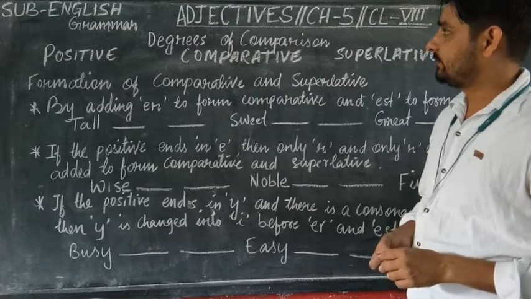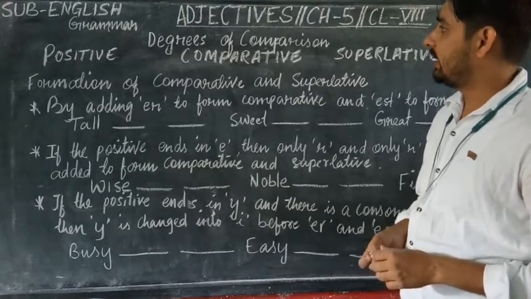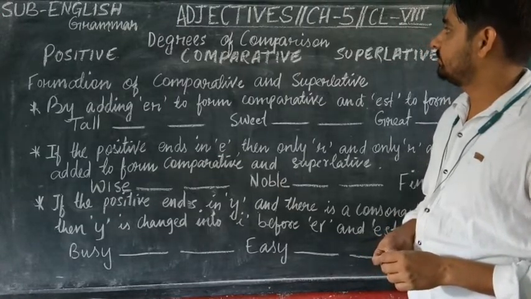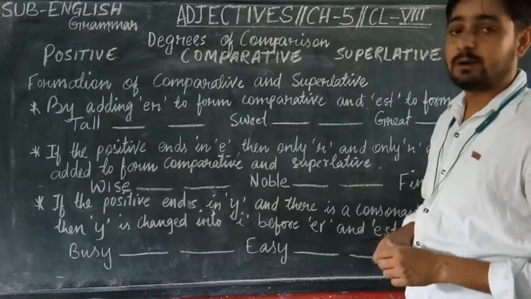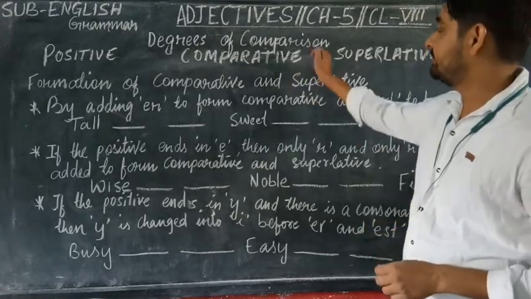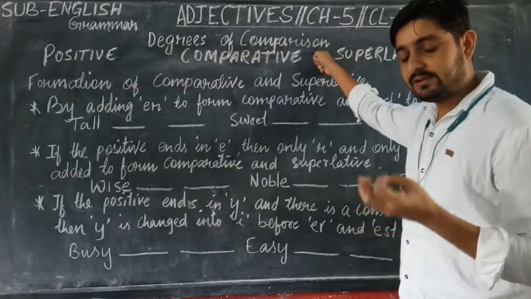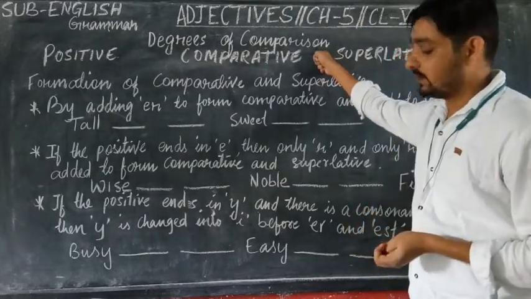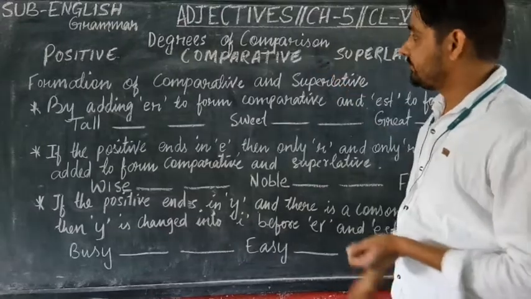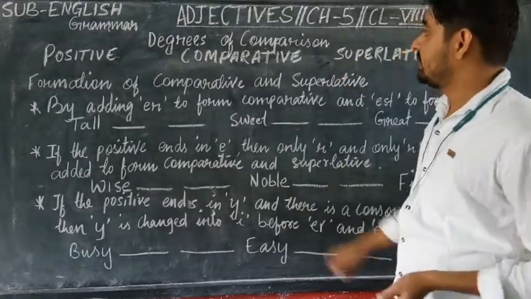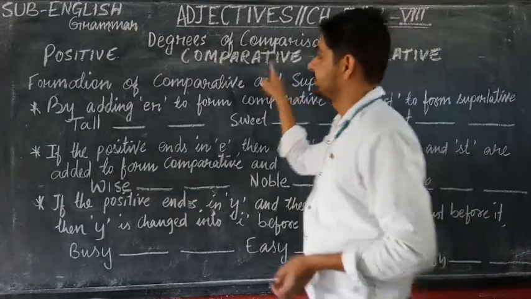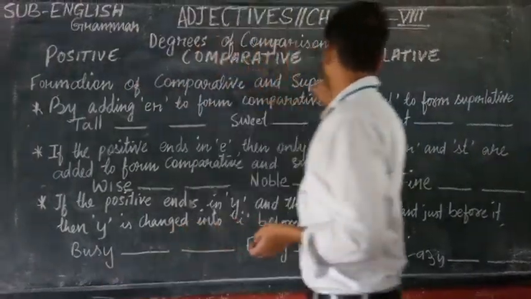So today from the same chapter I am here with you with degrees of comparison in adjectives. In adjectives, you see there are three degrees of comparison. First is positive, second is comparative, and third is superlative.